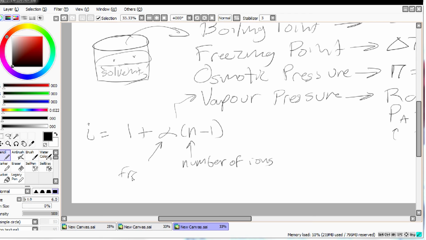So alpha is the fraction of dissociation. This is the Van't Hoff factor.